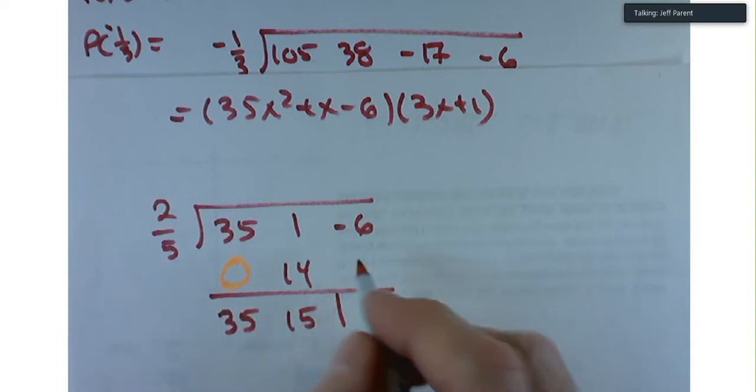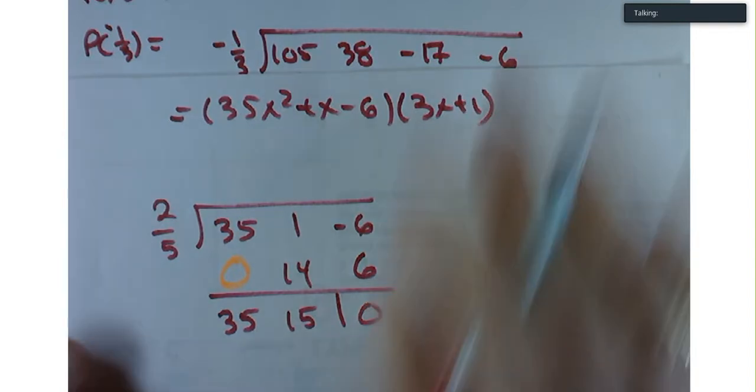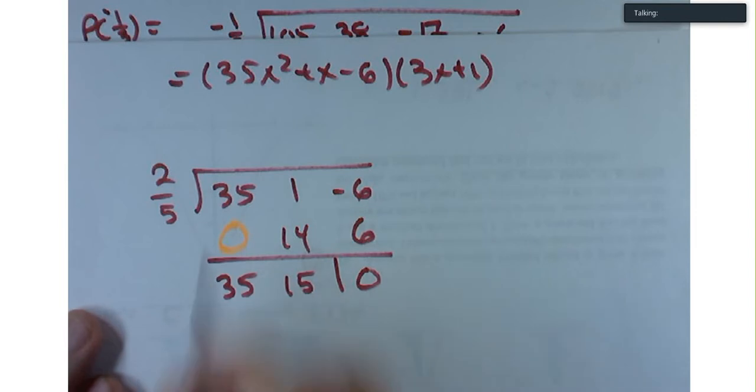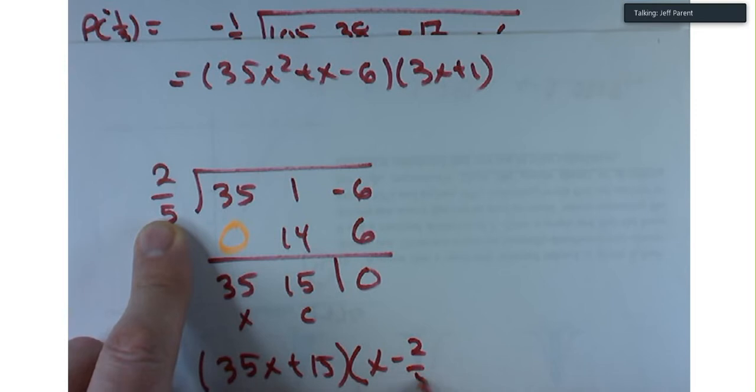Divided by 5 is 6. That gives me a 0. Beautiful. So what that's telling me is that this can be rewritten as your constant, your coefficient of x, 35x plus 15 times x minus 2/5 times 3x plus 1.